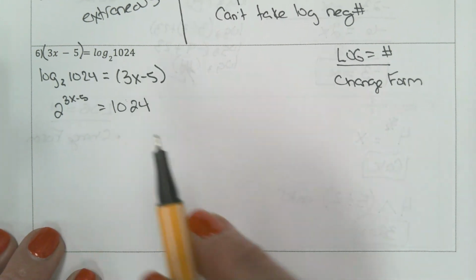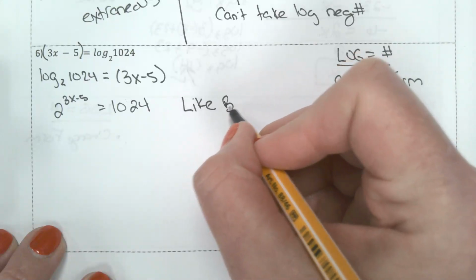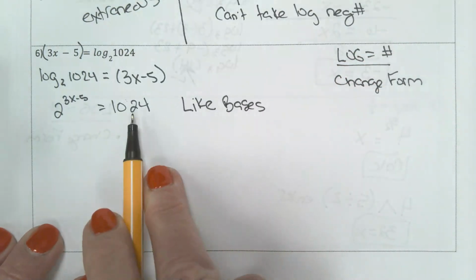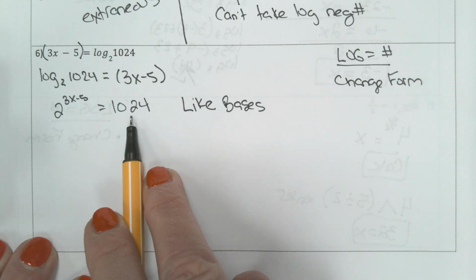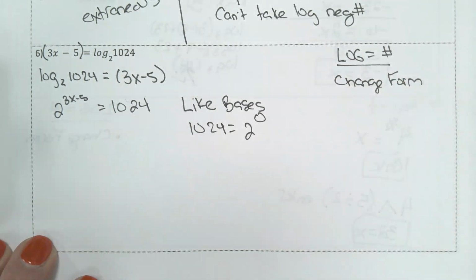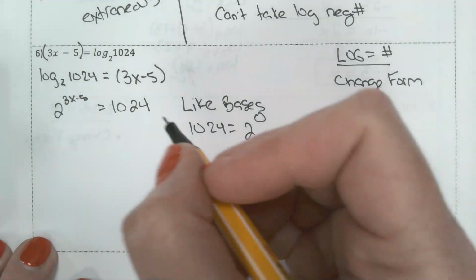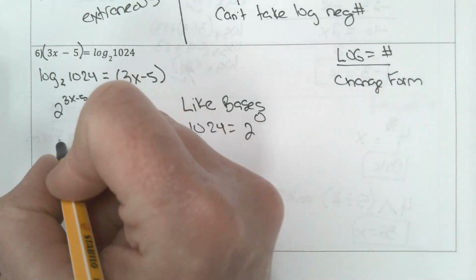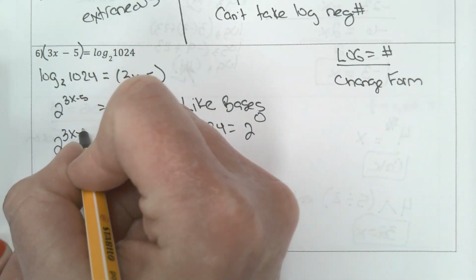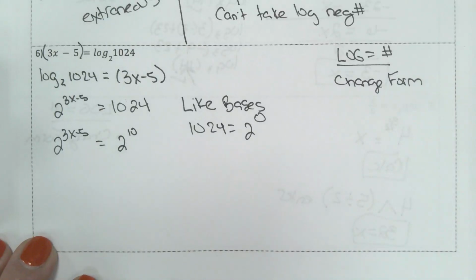All right, so here is where you would like to get like bases. So you're asking yourself, can I write 1024 as 2 to the something exponent? And you can. You just have to play in your calculator a while. And that is 2 to the 10th. So 2 to the 3x minus 5 equals 2 to the 10th power.